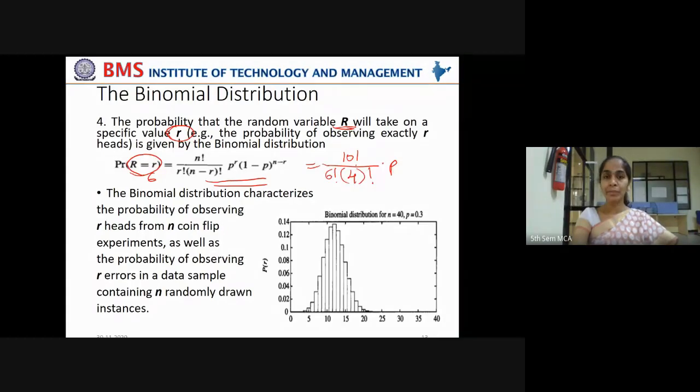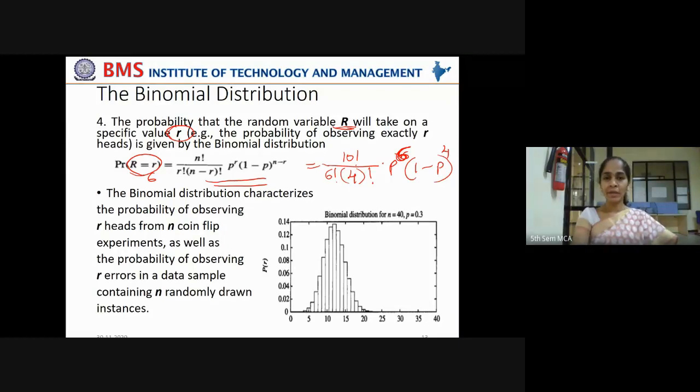And how many times can you observe that? R number of times, that is 6, because 6 times head is observed, into 1 minus P, the probability that head is not observed, raised to the power of how many times the head is not observed, that is 4. This is how you can understand a binomial distribution's mathematical representation.